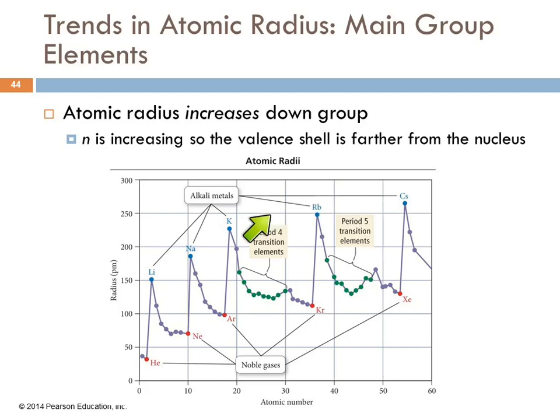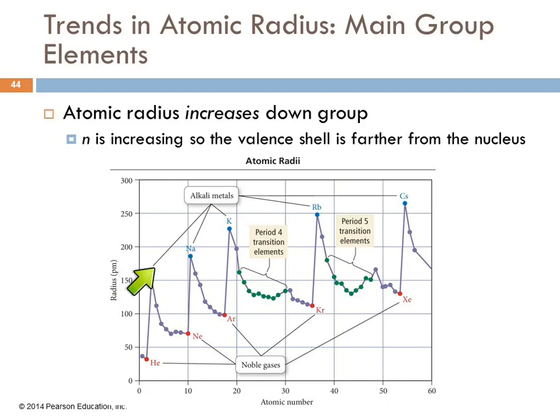So these are all the alkali metals. And you see there is a general trend. It's not linear. But as we go down the period, lithium to sodium to potassium to rubidium to cesium, they're getting larger, right? And if we look at the noble gases, helium to neon to argon to krypton to xenon, it's not linear, but there's a trend. As you go down a group in the periodic table, the atoms tend to get larger.